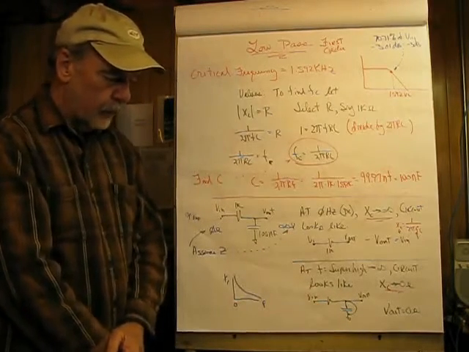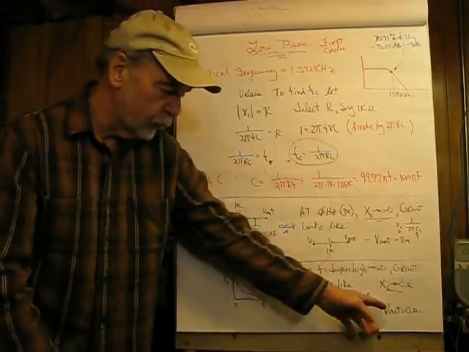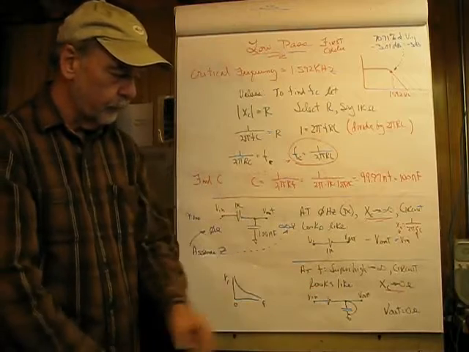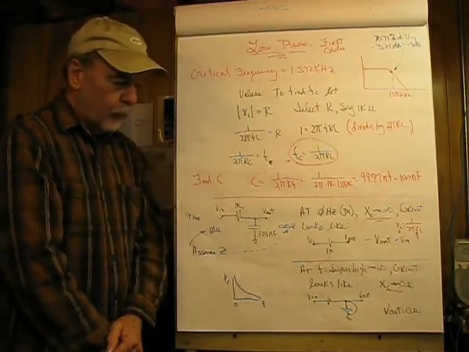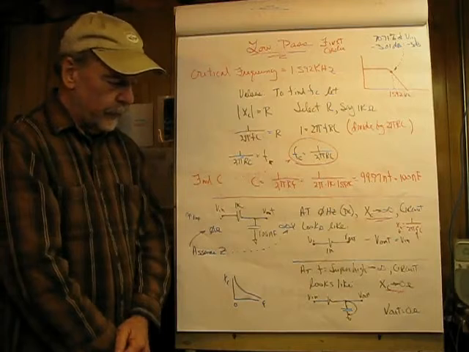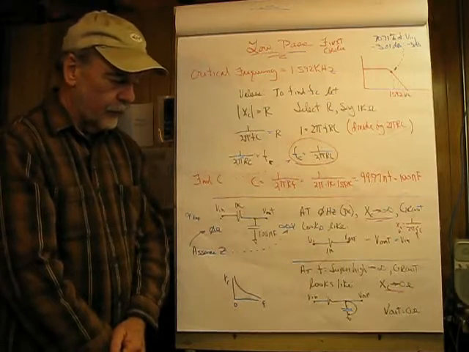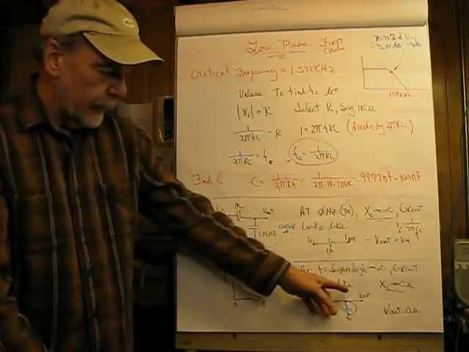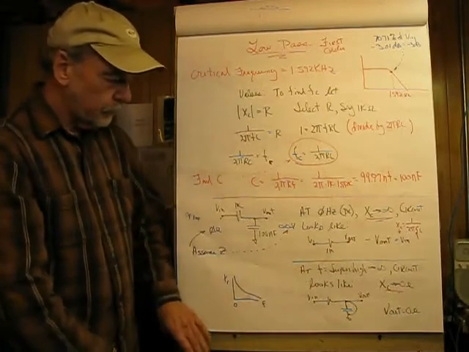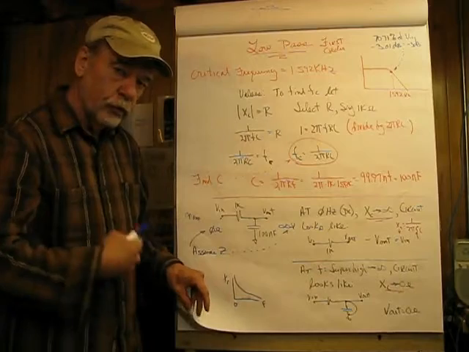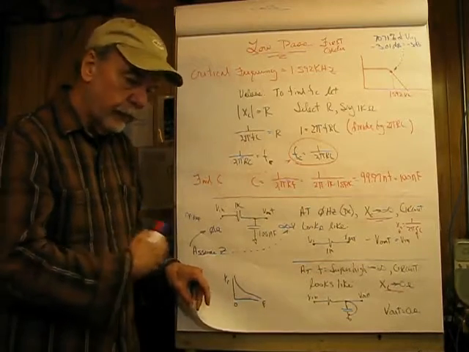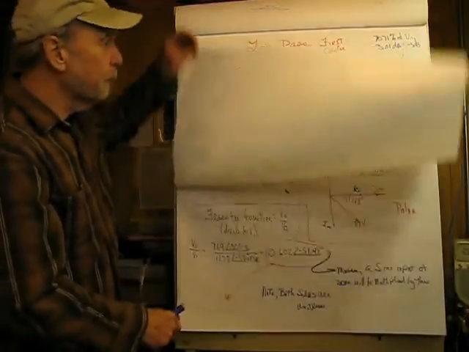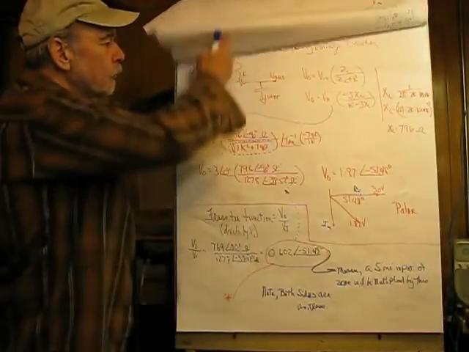That means the output voltage under that circumstance would be 0 volts, and all of V in would appear across the resistor. Now, what we would say about that in the language of Laplace is that we have a 0 at F equals infinity, which is a 0 transmission. Nothing's going to go through it, so that's called a 0.